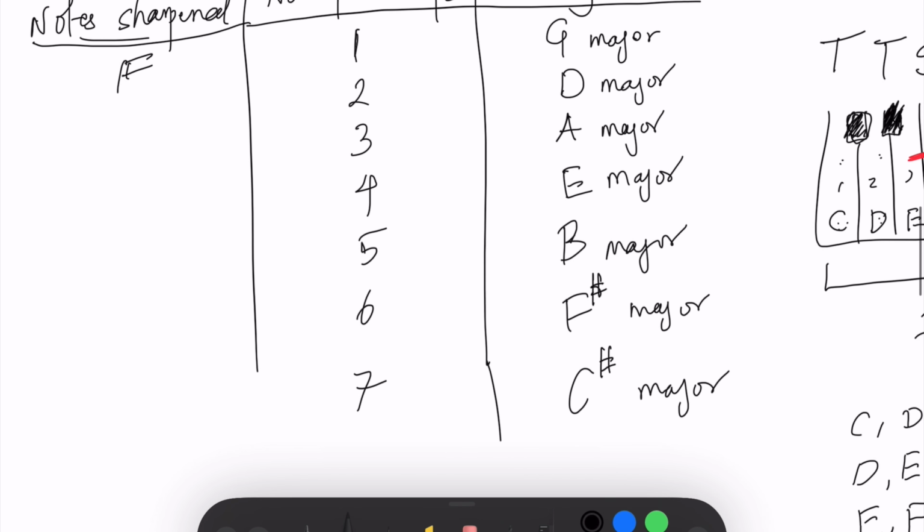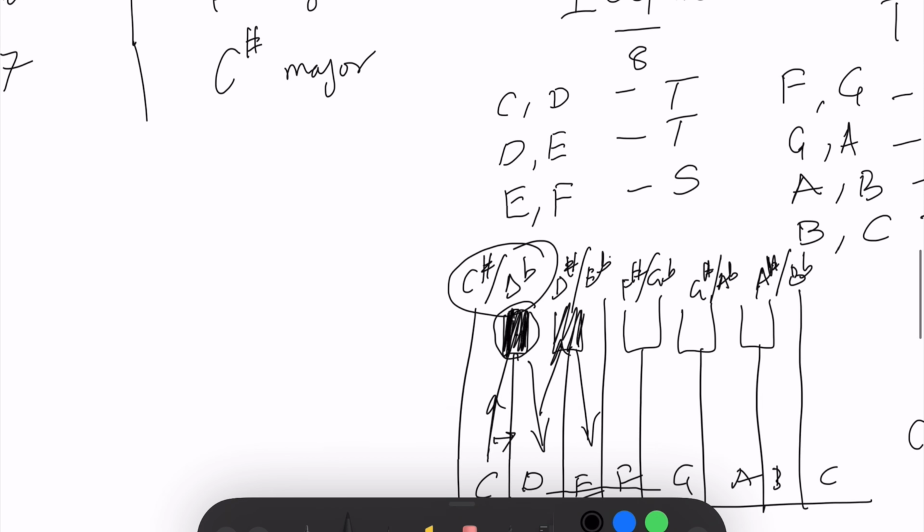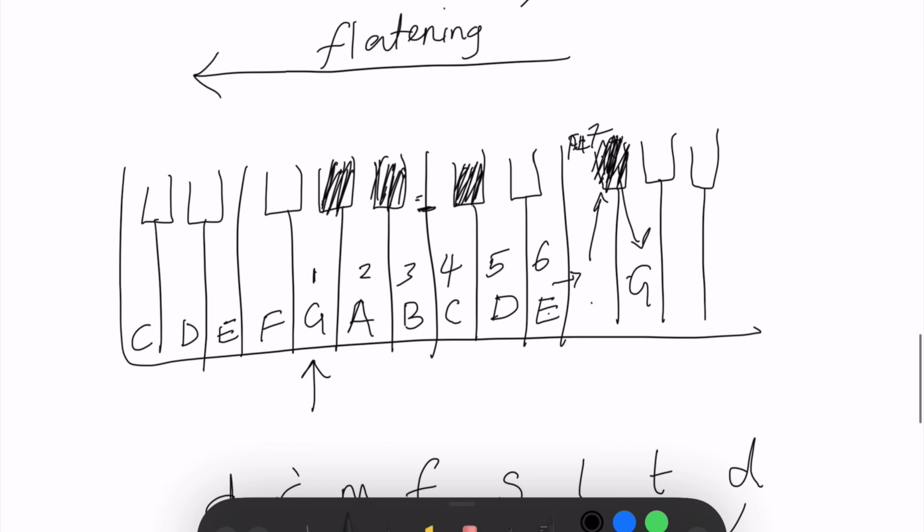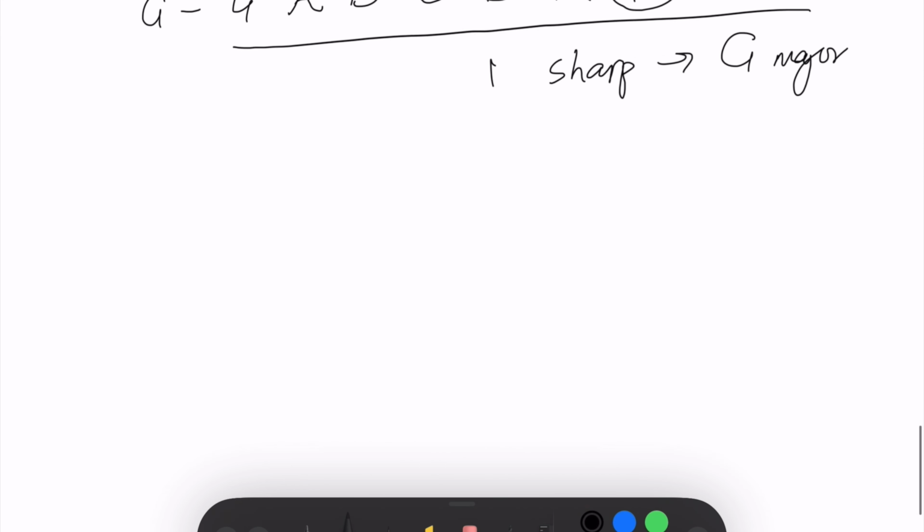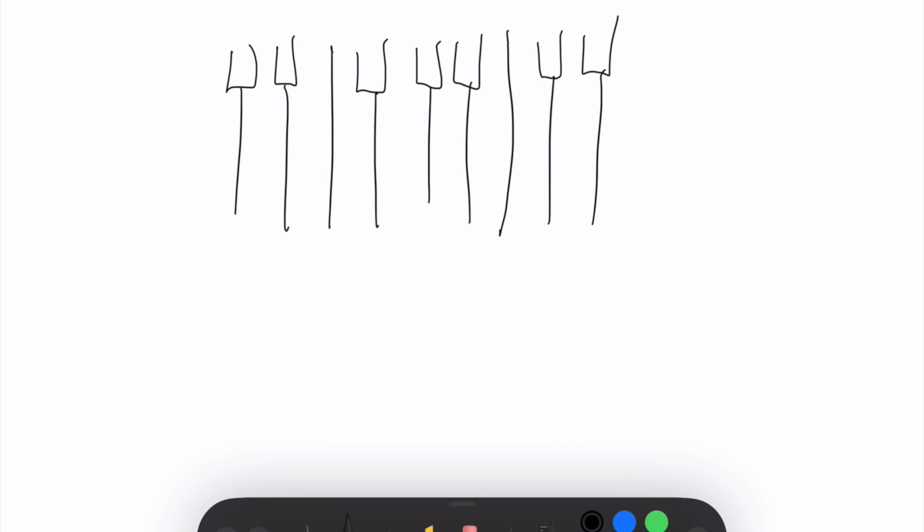Now let's look at D major, just as another reference. We draw another dummy keyboard just to understand it better. And this is D. So our starting point is here.